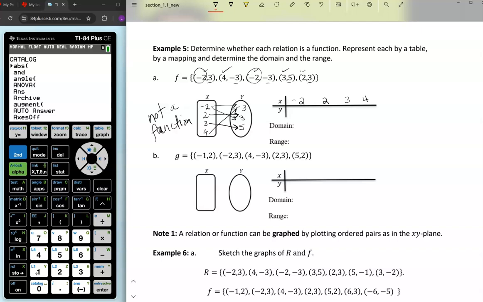And we'd say that -2 maps to -3 and +3. 2 maps to 3. 3 maps to 5. And 4 maps to -3. The domain is as I have listed, these 4 x values.